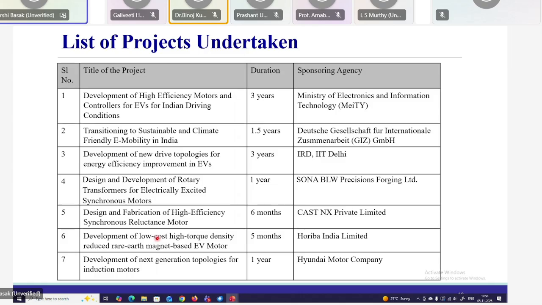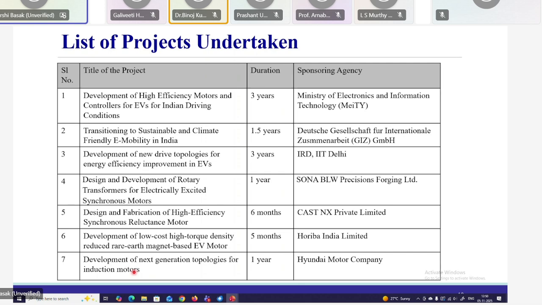Now, currently in CART, we have a center of excellence which is being developed parallelly. That is the Hyundai COE, from Hyundai Korean Motor Company. It has been developed, and so we are looking forward to some students and collaborations also for the induction motor topologies.